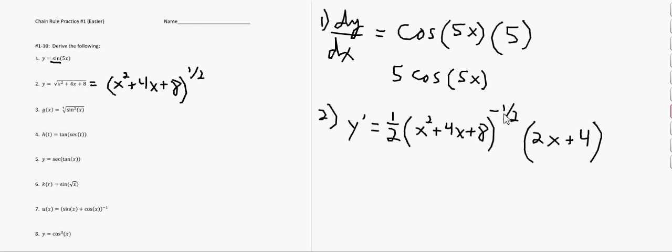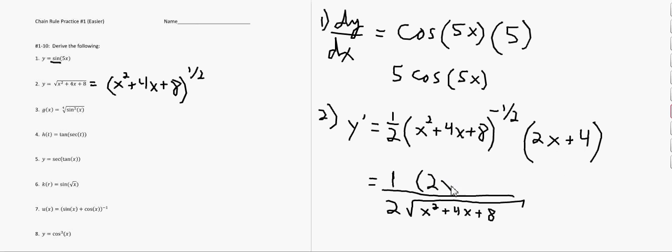And this negative 1/2, since we're multiplying all this stuff, we can really rewrite this as 1 over 2 times the square root of x squared plus 4x plus 8. And then 2x plus 4 is just being multiplied, so we can really just put that on top. 2x plus 4. So honestly, we don't even need this 1 out here, so you can just forget it. Doesn't really matter. But there you go.